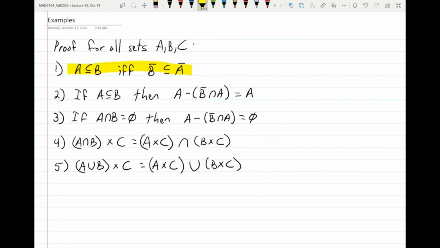What's an equivalent way of saying that? Use the contrapositive now. We have our implication. Use the contrapositive. But if x is not in B, what is it? In the complement. And if it's not in A, what is it? So if x is in the complement of B, then it's in the complement of A.